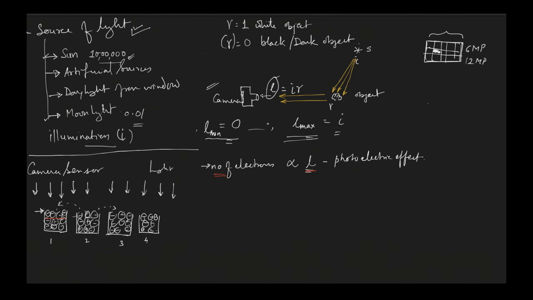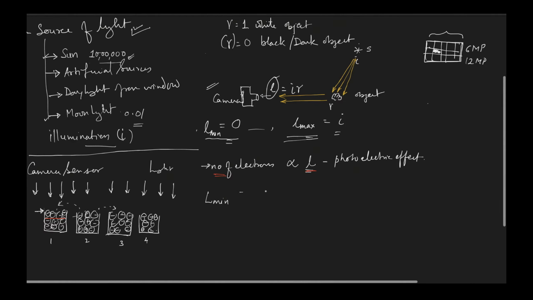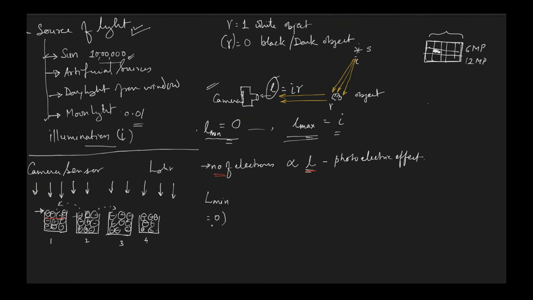So it varies from camera to camera, and from system to system. All I can say at this point is, let us have a standard value L min, which is 0. And let's say that a camera sensor records a maximum value L max.